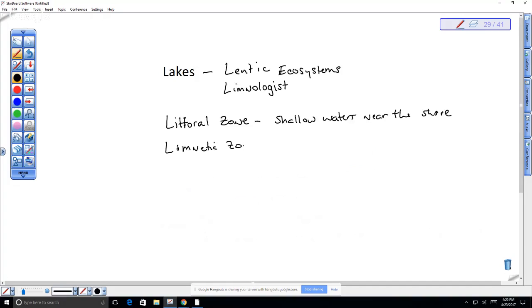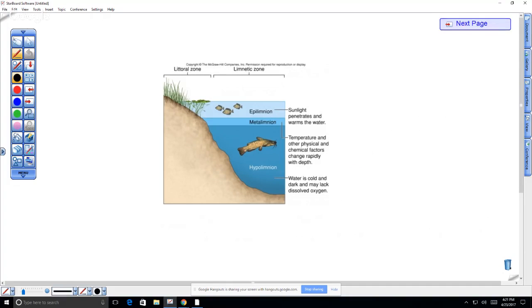So this is away from the shore. And the upper part is called, you don't need to know this, but it's called the epilimnion. I don't know if that's how you pronounce it, but anyway, this is where the sunlight penetrates. So this would be the littoral zone. This is the limnetic zone.